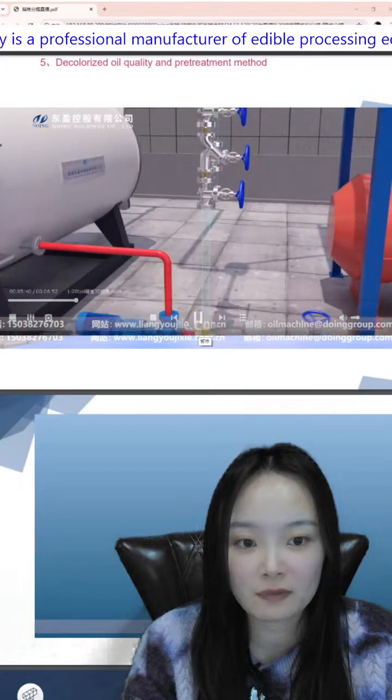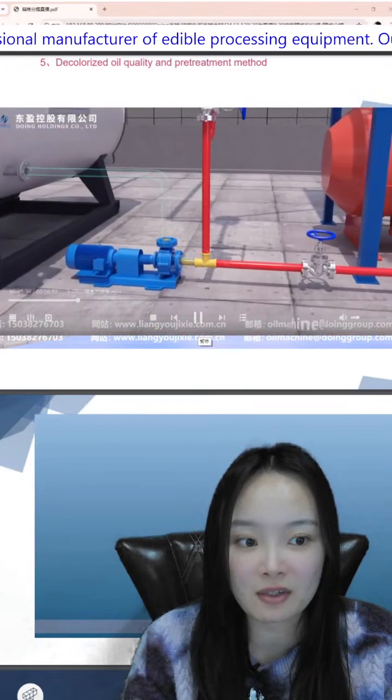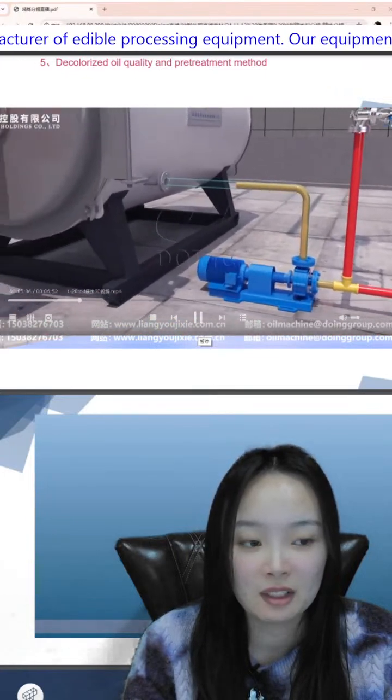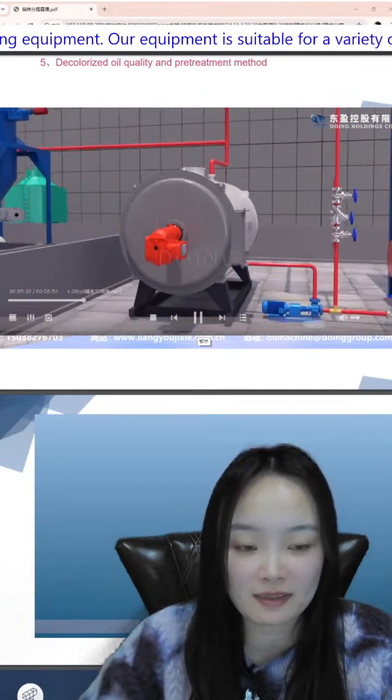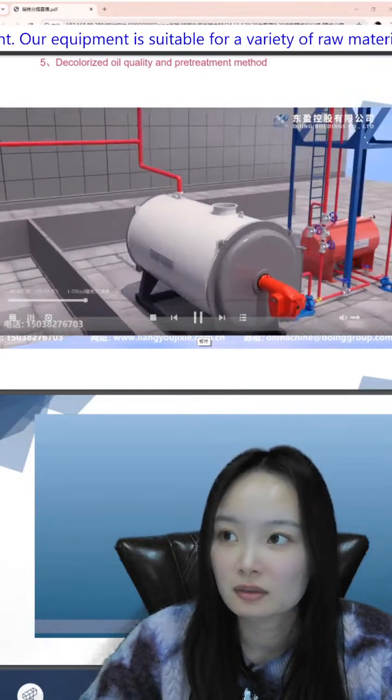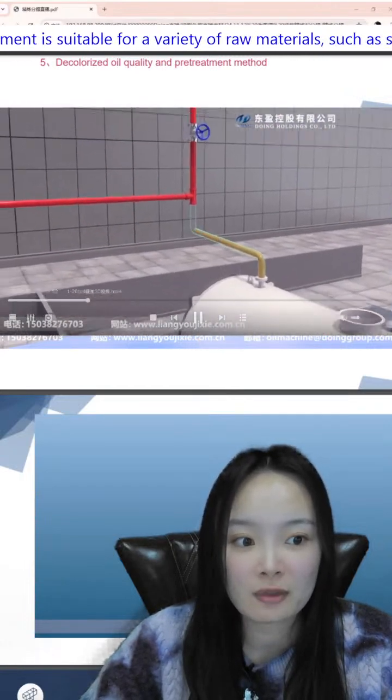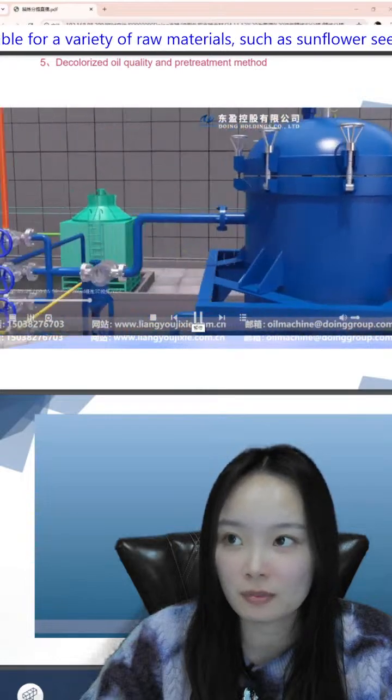And then the transfer oil is piped to each section of the intermittent refining plant to provide heat sources for the refining processes. The heat transfer oil is recycled throughout the workshop.